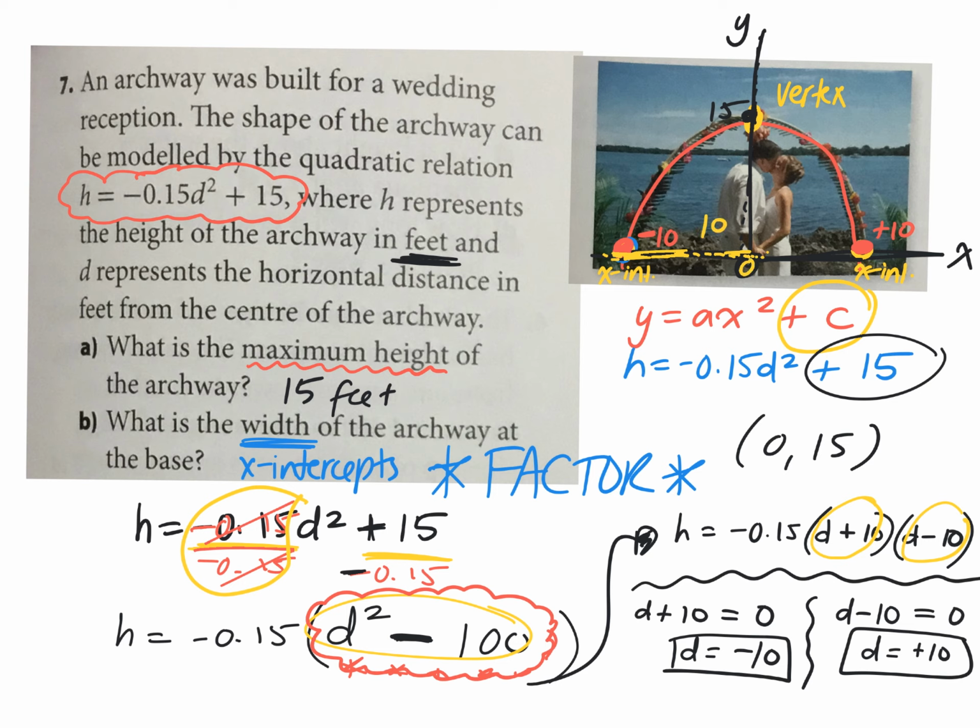And then it goes from 0 to positive 10. How many units is that? 10 units. Altogether, what is the width of the archway? From 0 to negative 10 is 10, and then from 0 to positive 10 is 10. Altogether, what's the total width? Shaquila, you said it. 10 plus 10 equals 20 feet.